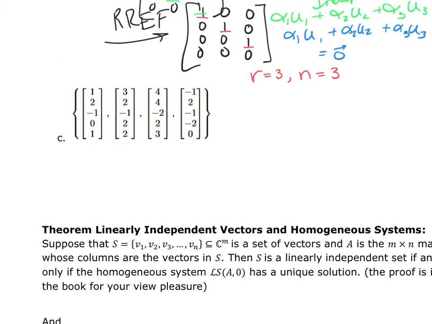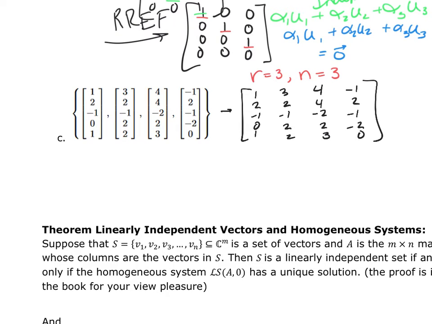Let's take a look at my next example. Again, I'm going to throw these into a matrix. My matrix is 1, 2, negative 1, 0, 1, 3, 2, negative 1, 2, 2, 4, 4, negative 2, 2, 3, negative 1, 2, negative 1, negative 2, 0.